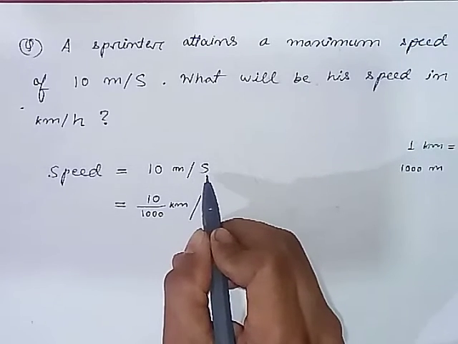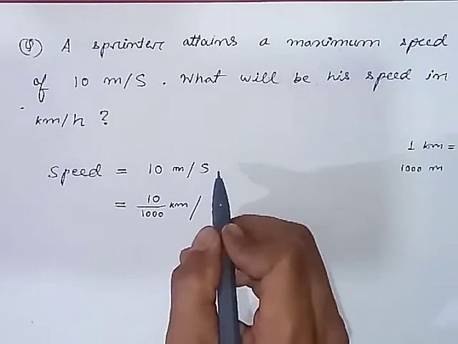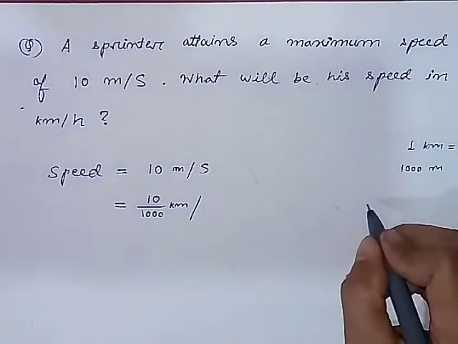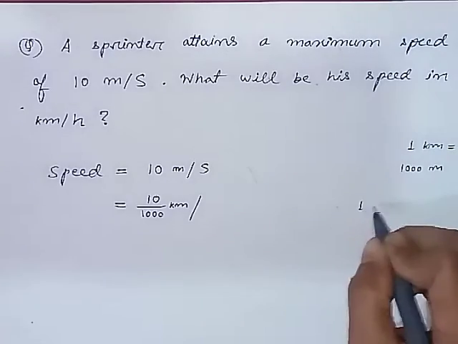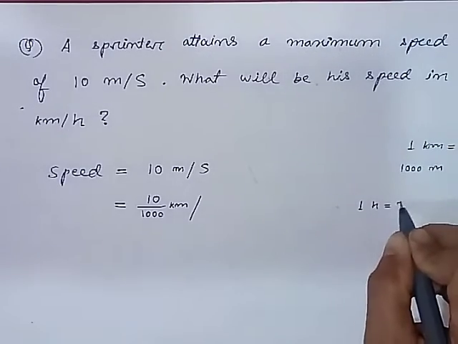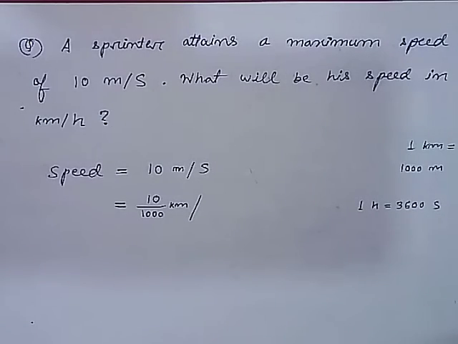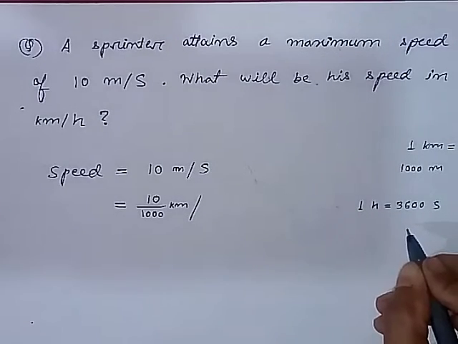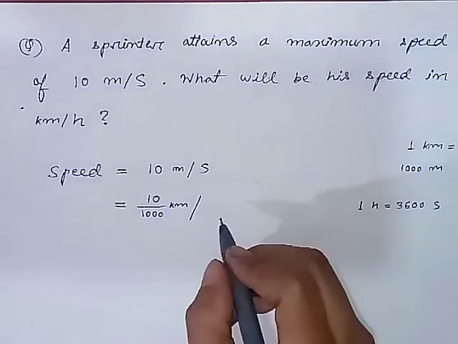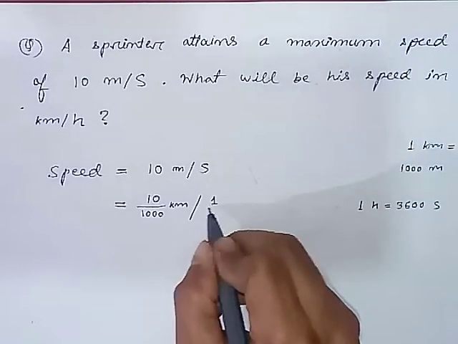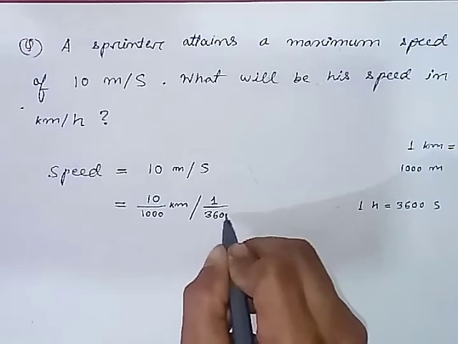Now 1 second need to be converted into hour. We know that 1 hour is equal to 3600 second. So what will be 1 second? So 1 second will be 1 by 3600 hour.